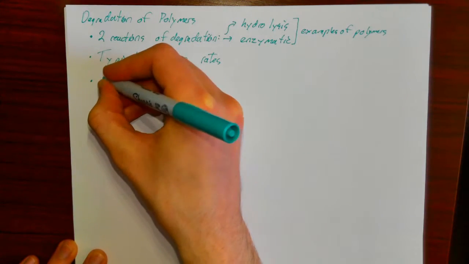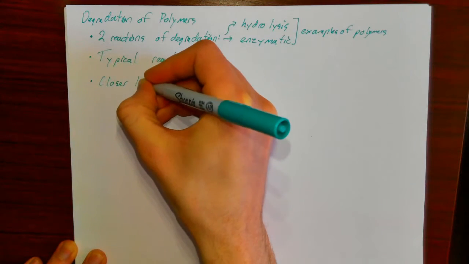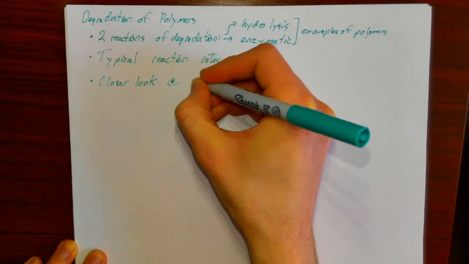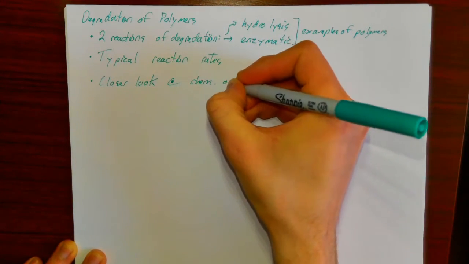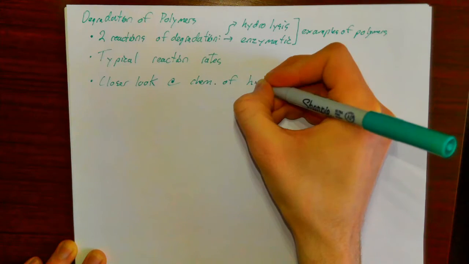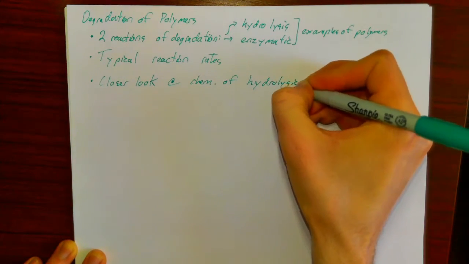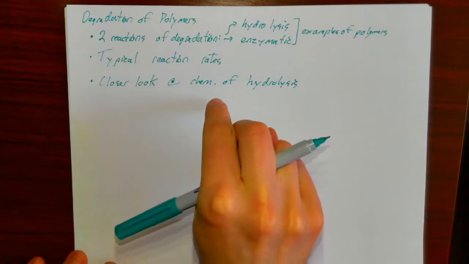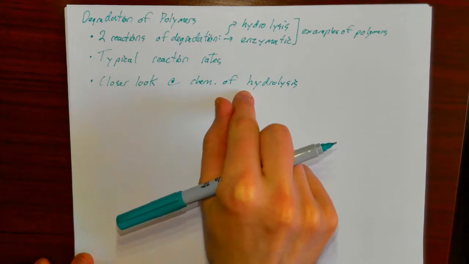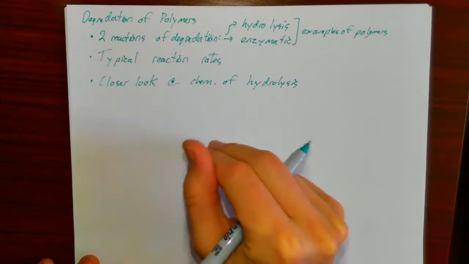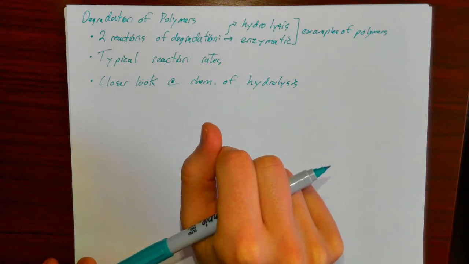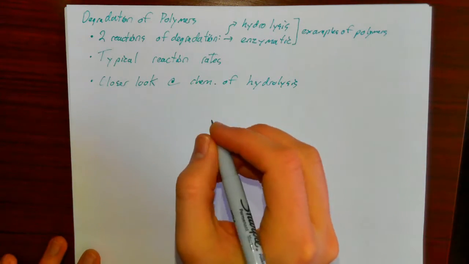Then we're going to take a closer look at the chemistry of hydrolysis, and basically what factors lead to accelerated or slower hydrolytic degradation of polymers.